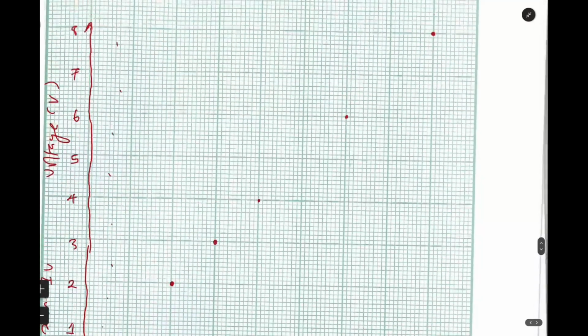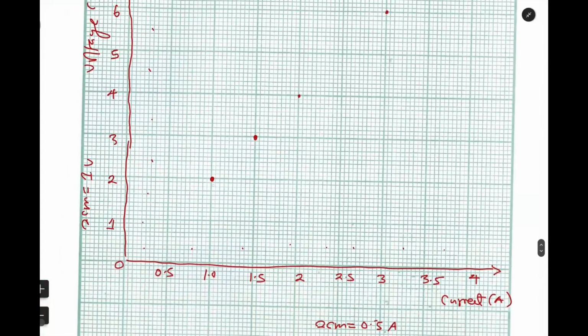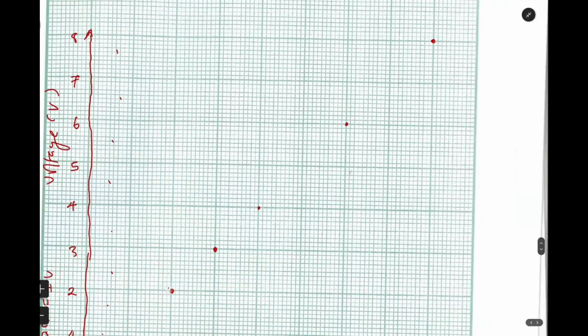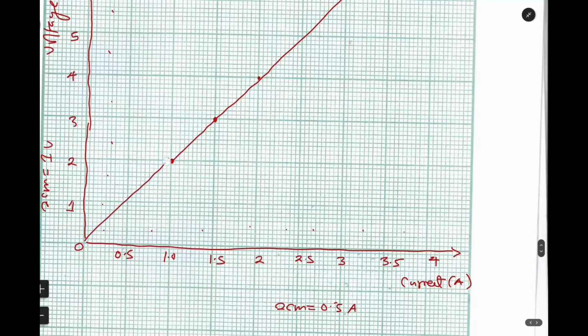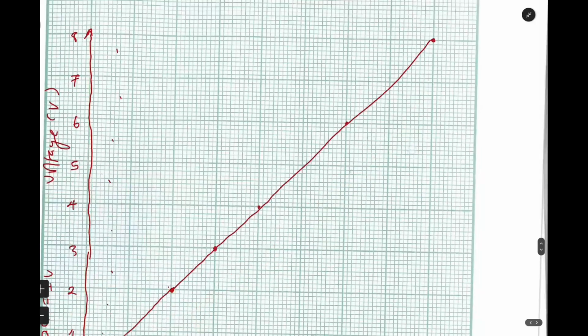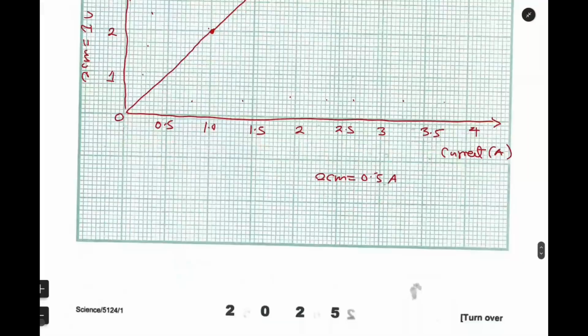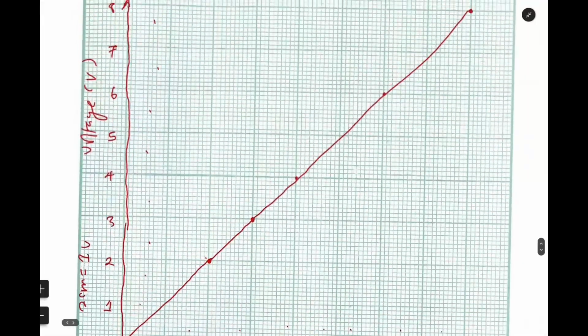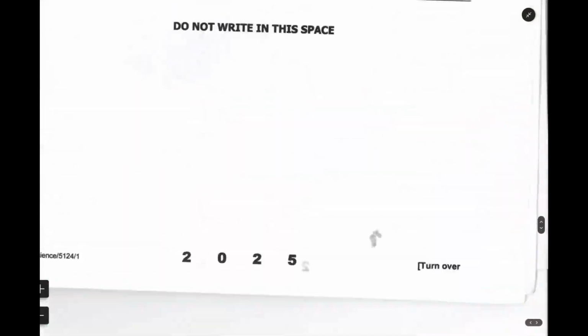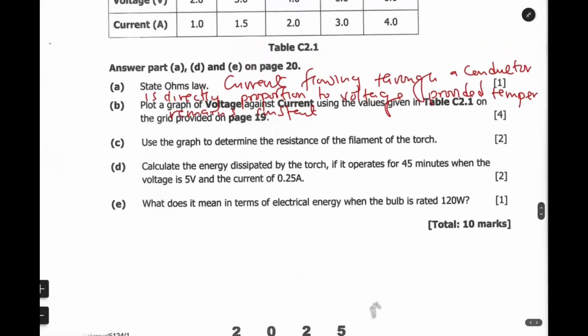So if we are to join this, it's going to come out that way. We can even join it from the origin, from the start here, like this. So this is going to be our graph. It might not be accurate, but yeah, kind of. All right, what are the follow-up questions? That is the graphing that ends us about 4 marks.